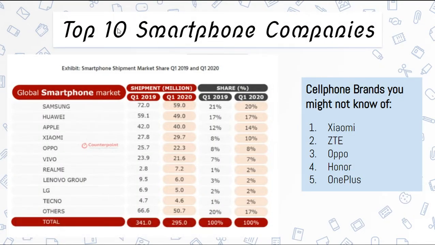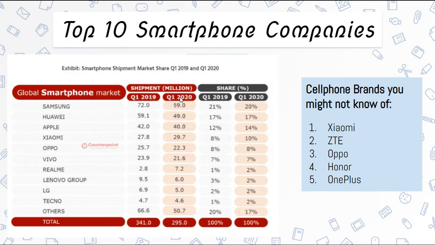So I've got here some of the top 10 smartphone companies. In the first half of 2020, Samsung was shipping the most units. They were shipping 72 million in 2019. That dropped to 59 million. Now, that is quite a substantial drop, but you must remember that during the first quarter, we're dealing with COVID.